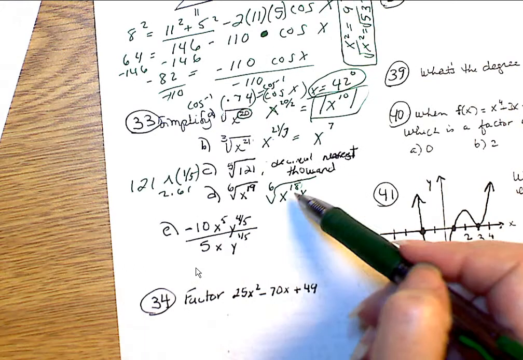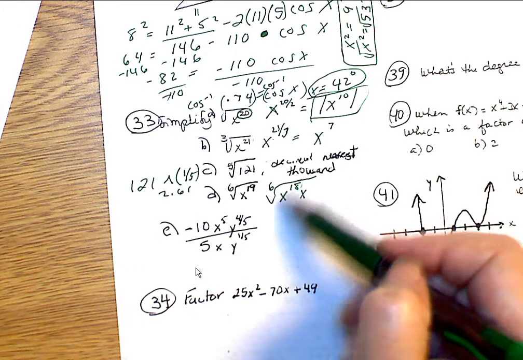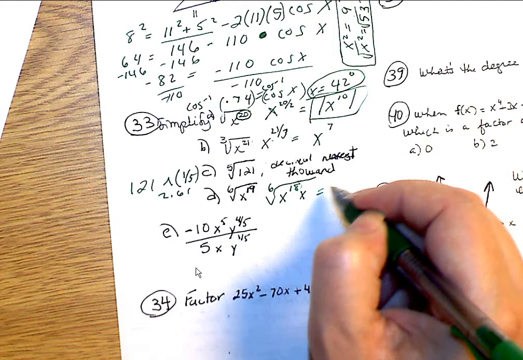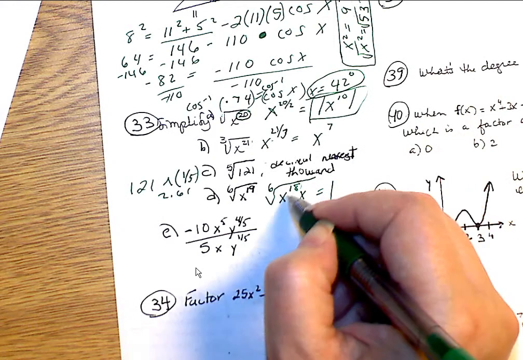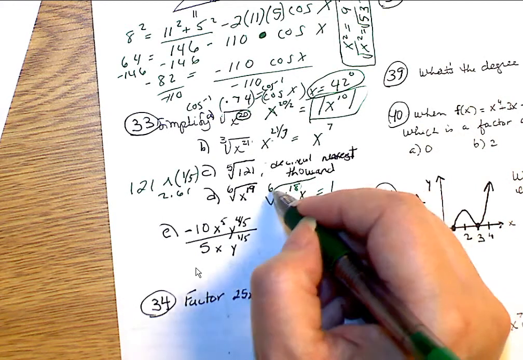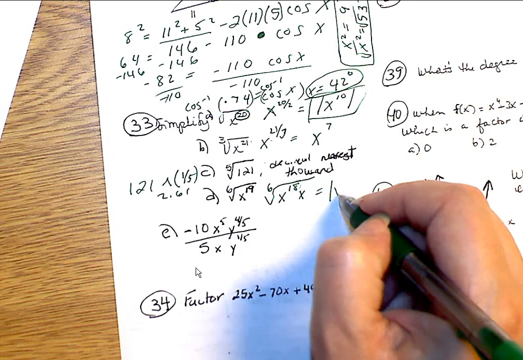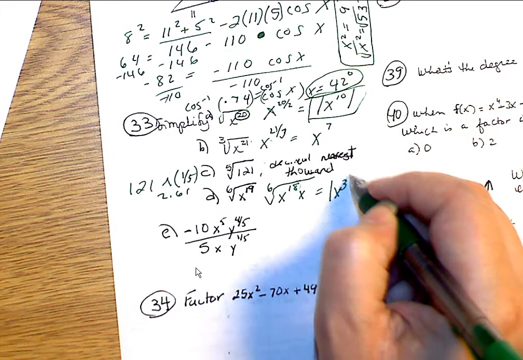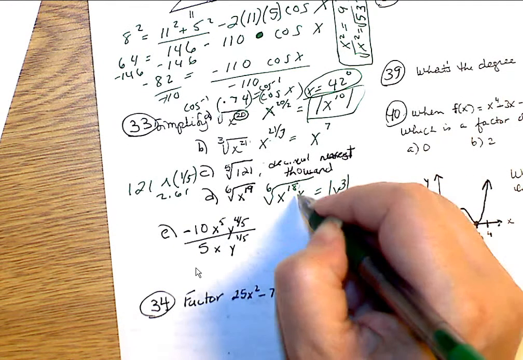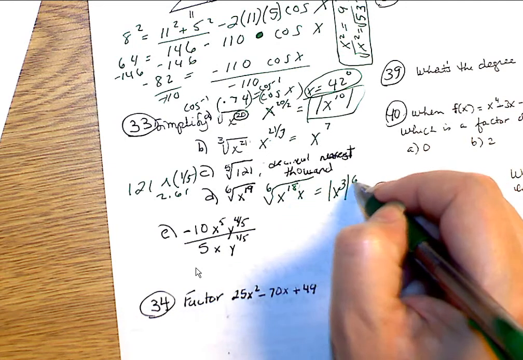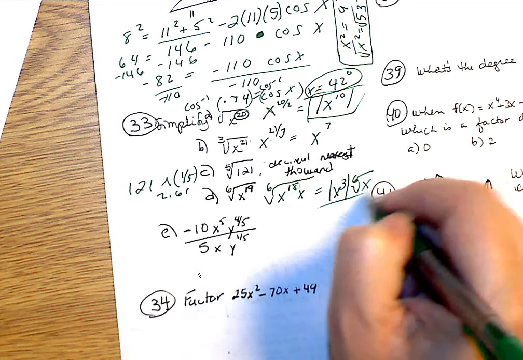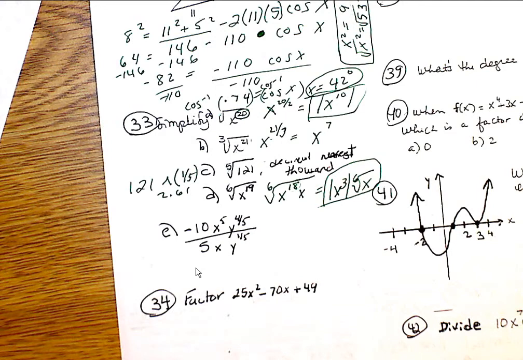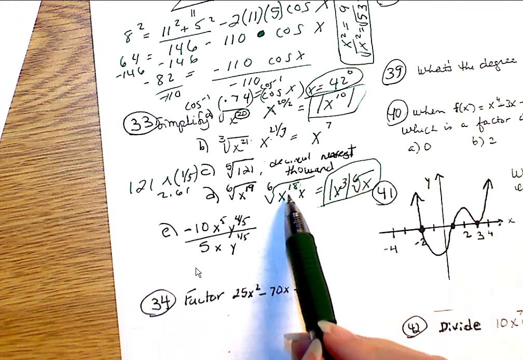And since 18 is even, when we take it out, that's going to be the absolute value. So we have the absolute value of x to the 18 divided by 6, which is 3, and then underneath we still have our x, so the 6th root of x. If you are taking an even amount out, make sure you remember that it's going to have the absolute value.